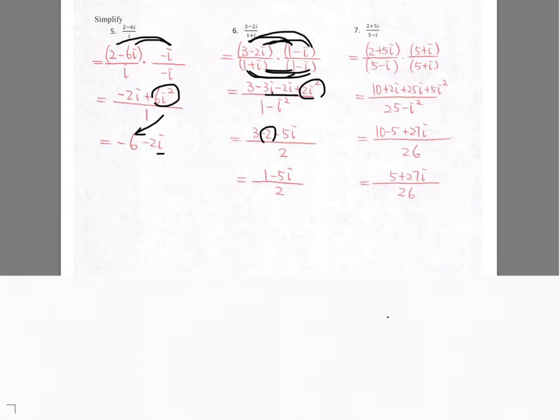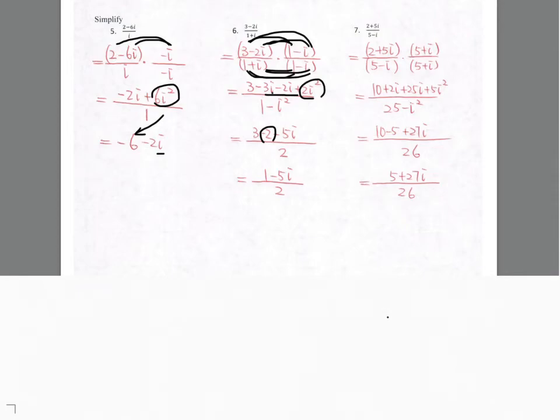Number 7. What's the complex conjugate of your denominator? 5 minus i. So again, keep the real number the same and change the sign for your imaginary number. So the complex conjugate for your denominator is 5 plus i. Multiply that to your top and bottom. Now you will have to carry out the FOIL. Again, treat the i just like the variable x.